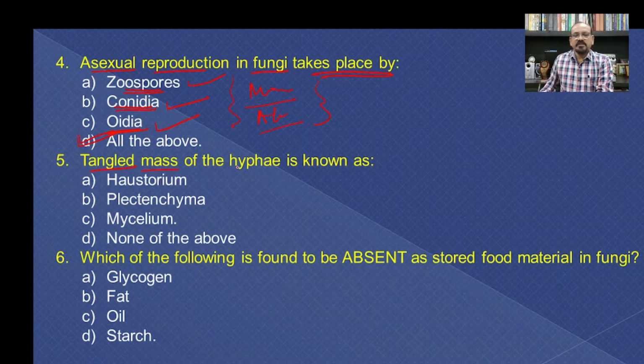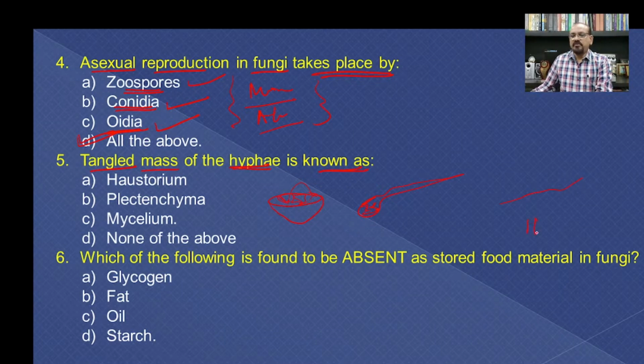Then tangled mass of hyphae is known as, actually it is the definition of the mycelium. If you see Maggie, one plate of Maggie, one spoon of Maggie and one filament of the Maggie.